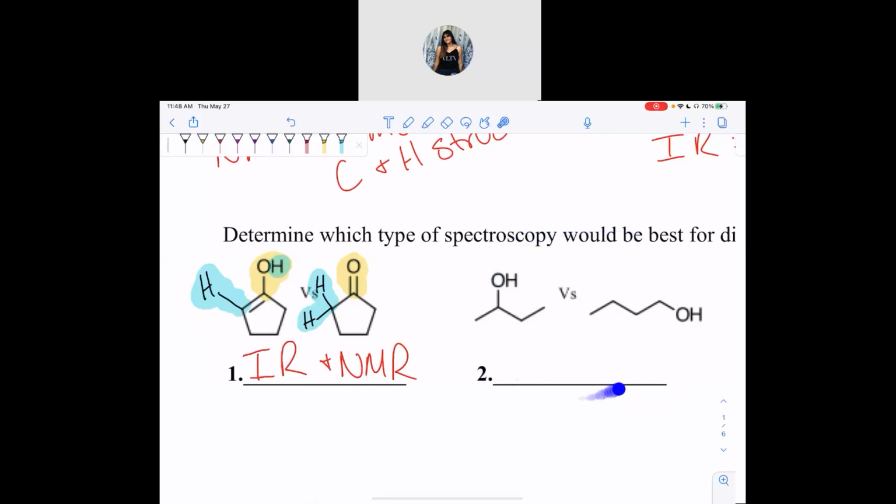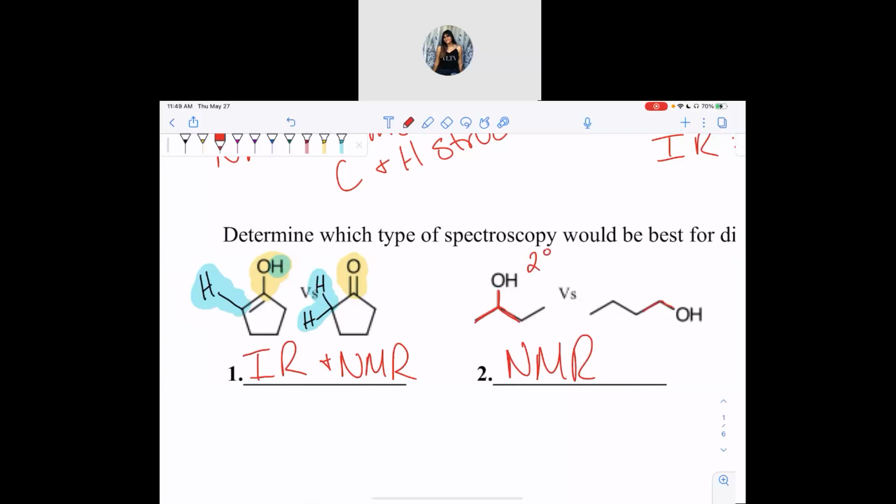Whereas this next example, do you guys think we could use IR to tell the difference between these two? No, because both of them are alcohol groups, so we cross out IR. But can we use NMR? Yes, we can. If you remember from Orgo 1, this is bonded to a carbon attached to two carbons, so this is secondary.